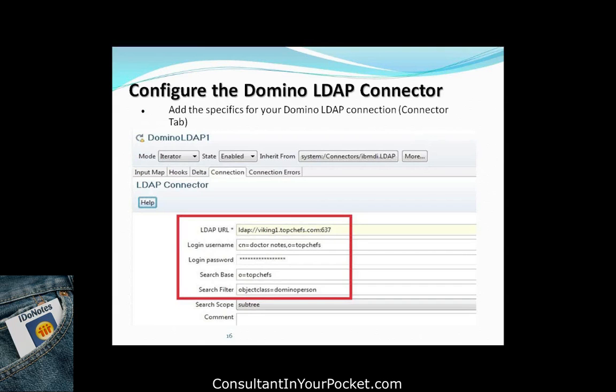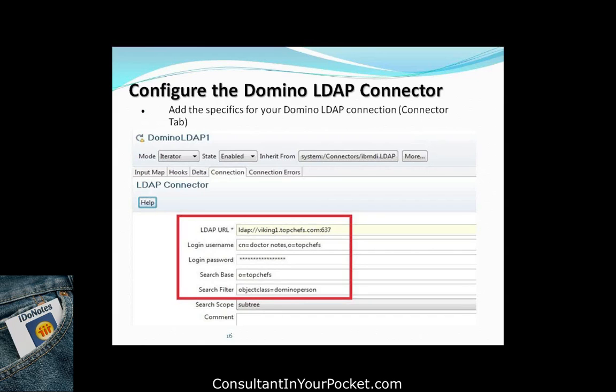We were running AD on the same server as we were running Domino, but in most cases you would be using a standard LDAP port. But the login username is your user that has the appropriate access to read and write to the Domino directory. The login password is going to be the internet password for that ID.